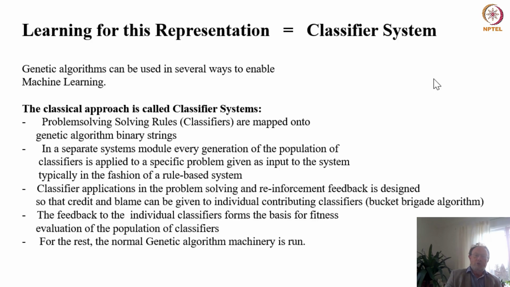But for the rest, normal genetic algorithm machinery is run, which means that there will be a new generation of rules every time. The new generation will apply it again to the problem. There will be feedback generated. There will be credit and blame to the individual classifiers, and so on and so on. So this is one approach to combining a learning scenario of a rule-based system with the genetic algorithm setup.